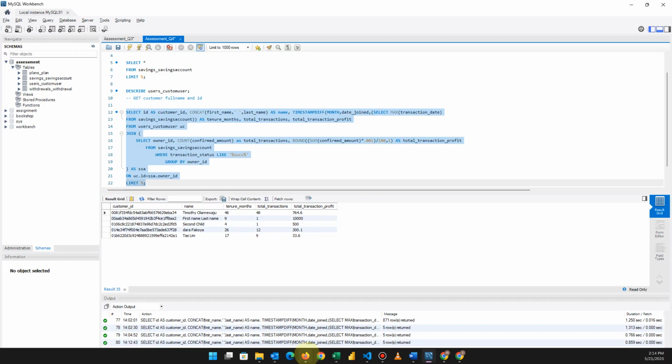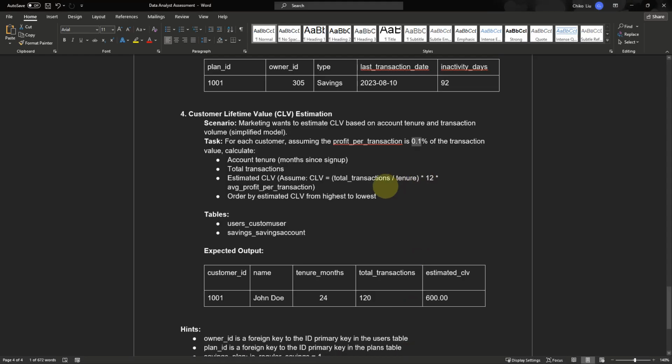So the next thing is we can then do a calculation. Oh, it now said average profit per transaction.